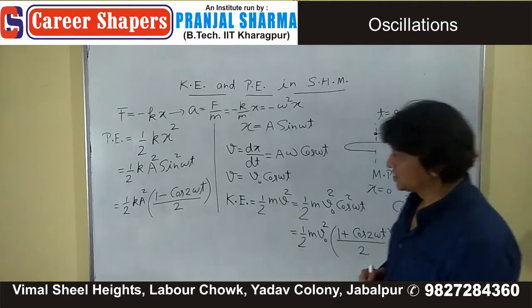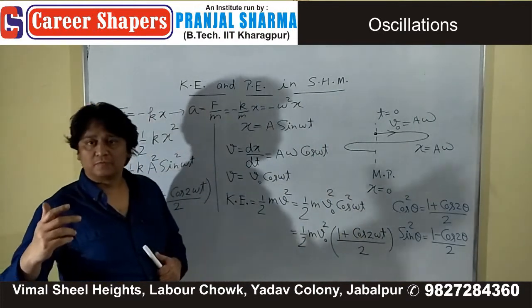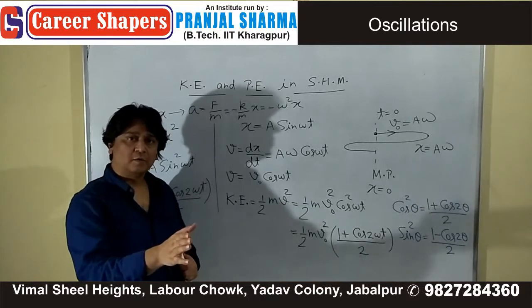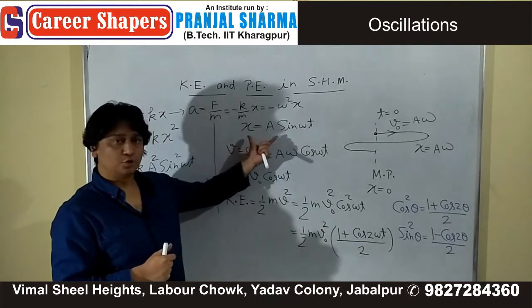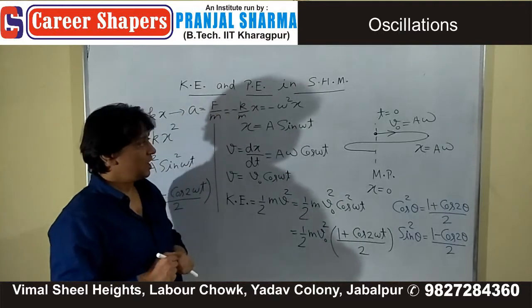Now, what is this 2F part? How come frequency is doubling when you move from simple harmonic motion to its kinetic and potential energy parts?